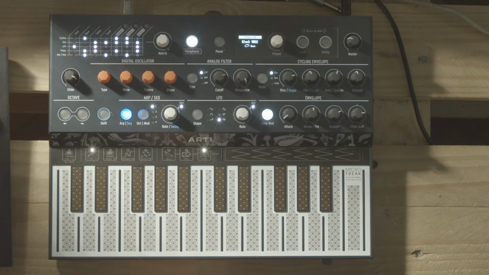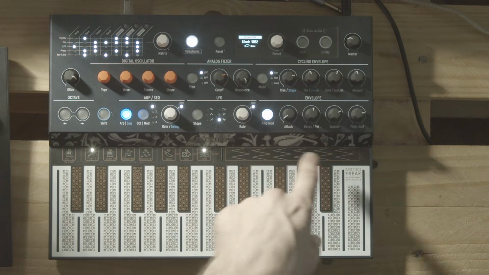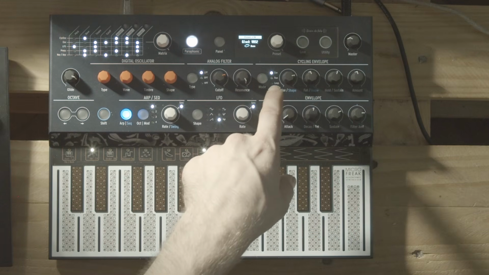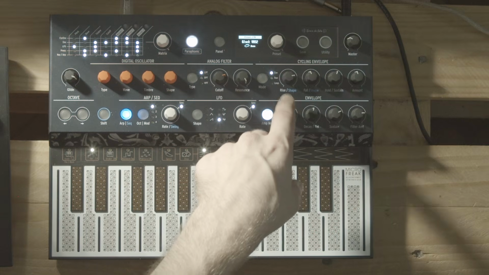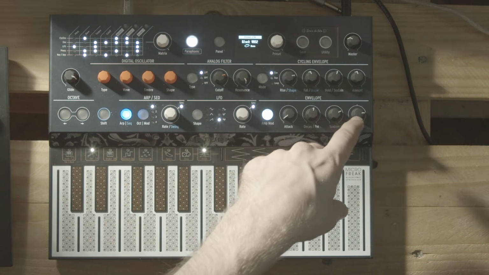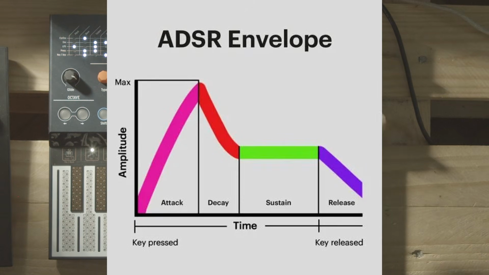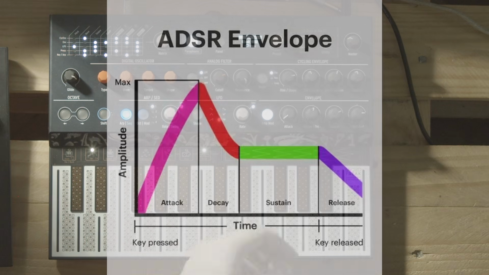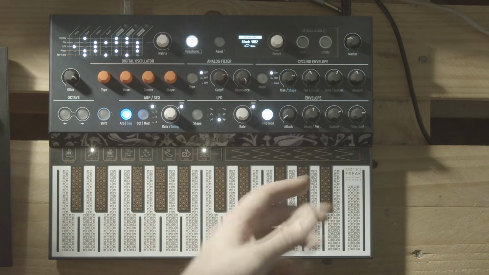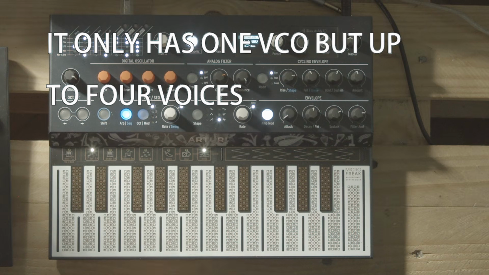So this costs around 350 euros, and it has the attack, decay, sustain, and the release. So this is the whole envelope section, which makes a synthesizer in a way, especially a polyphonic synthesizer.